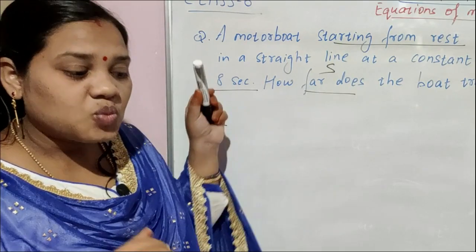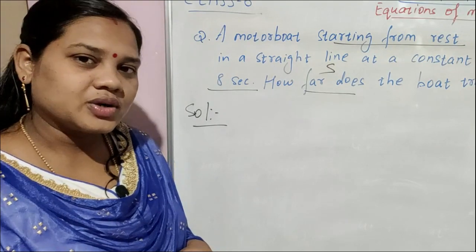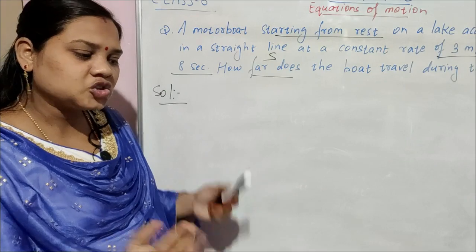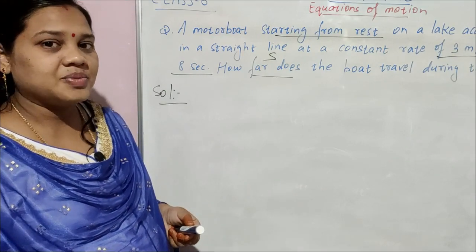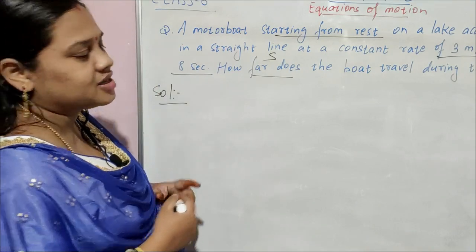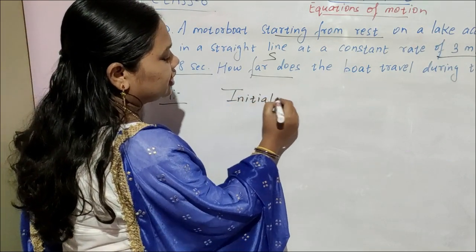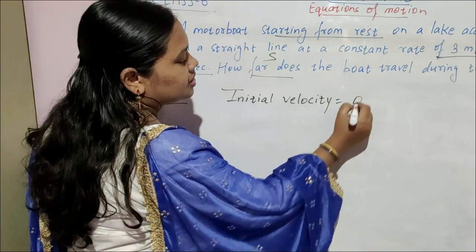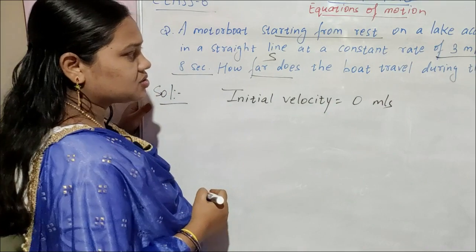When a moving body comes to rest, its final velocity is 0. Here the motor boat starts from rest, so its initial velocity is 0 meter per second.